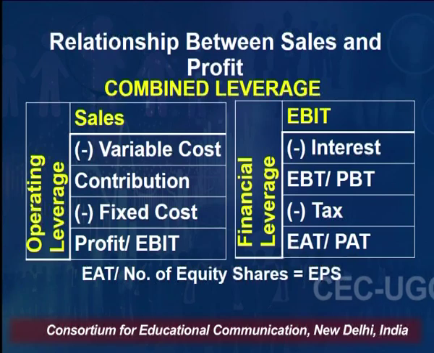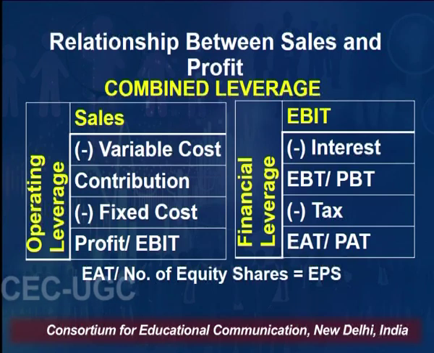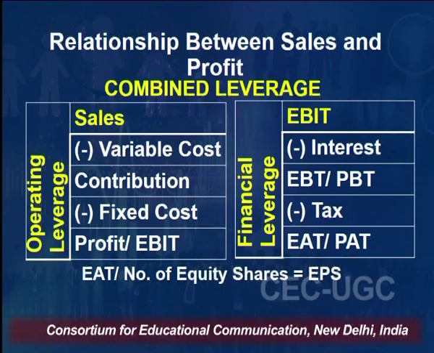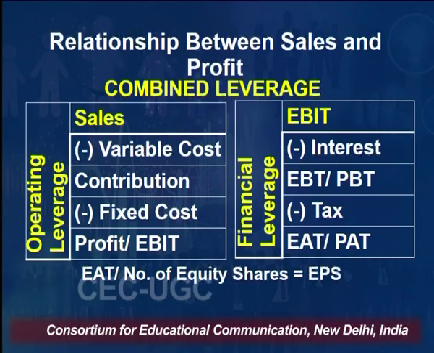This is how we calculate operating leverage, that means change in profit according to change in sales. On the right hand side of the table, you can see that EBIT is taken and from EBIT we subtract interest. When we subtract interest from EBIT, we get earnings before tax, which we may also call profit before tax. Now, we subtract tax from this and we get earnings after tax.